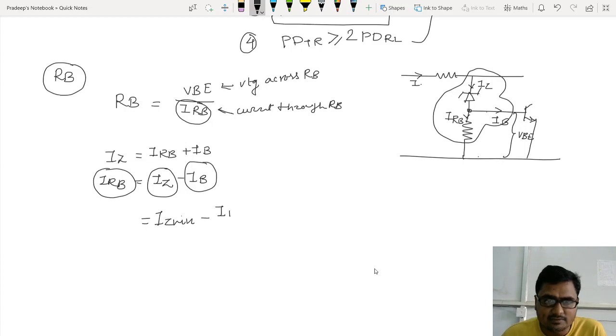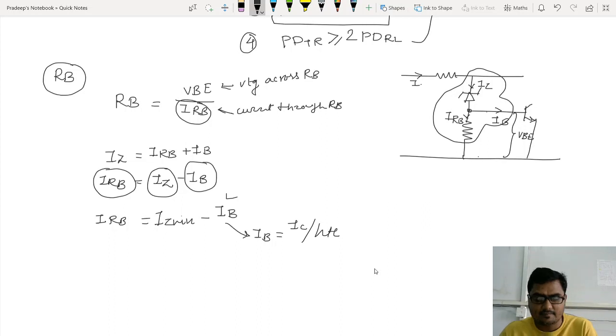And now they are interested in calculation of IB. And how do they calculate IB? They calculate IB with the equation IC divided by HFE. But now see, IC is not known, or if you have not selected any transistor, then it is not possible to calculate IC. Then for this IC, what do they do?